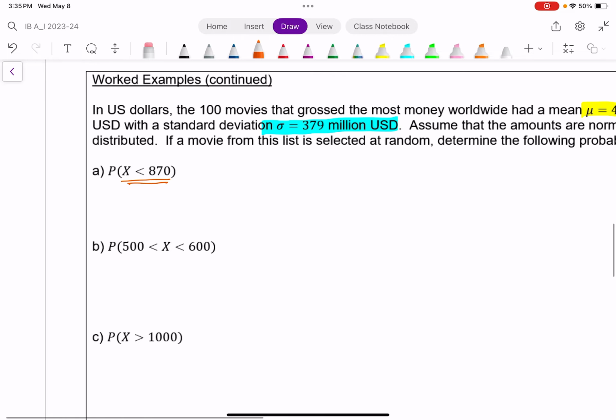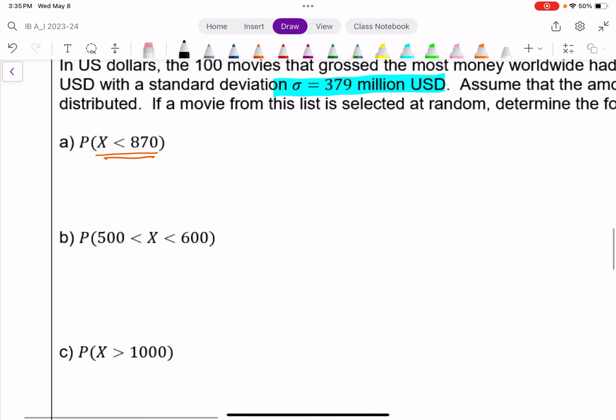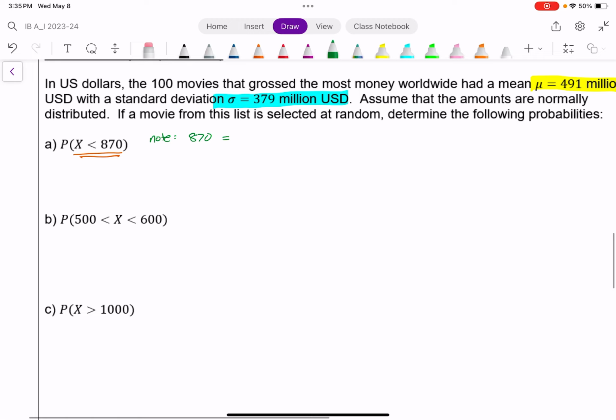So we have a few options for this. One is to notice that 870 is actually not a random number. One is to note that 870 is exactly our mean, 491, plus 1 standard deviation, which means we're looking 1 standard deviation above the mean.